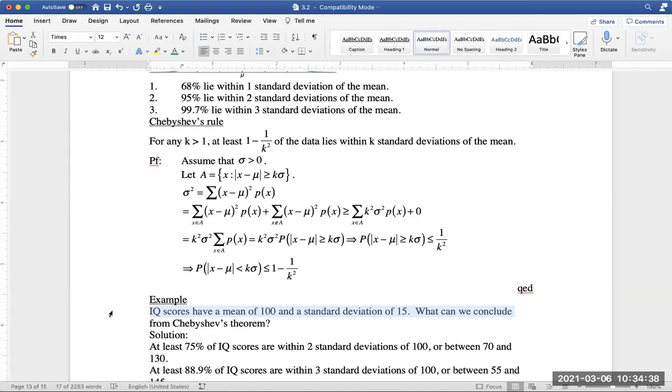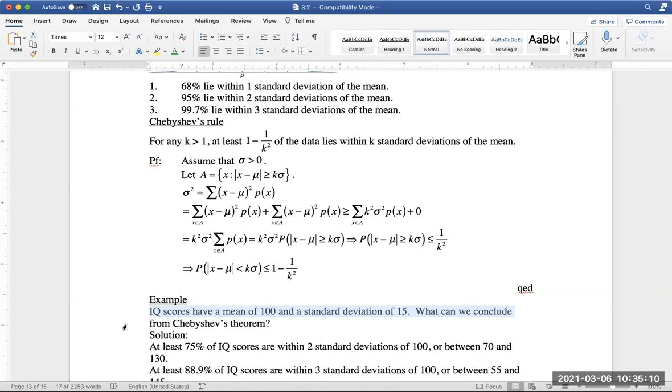Well, you take the average of all adult males, adult Caucasian males in the United States, and you make that have an average of 100 and a standard deviation of 15. So by definition, that's what IQ scores are made to have.